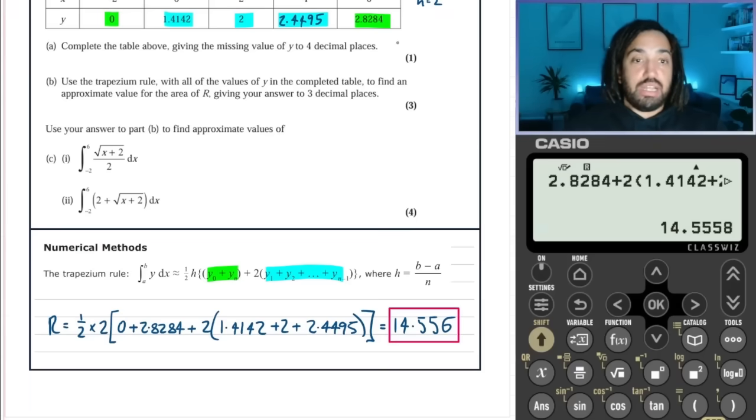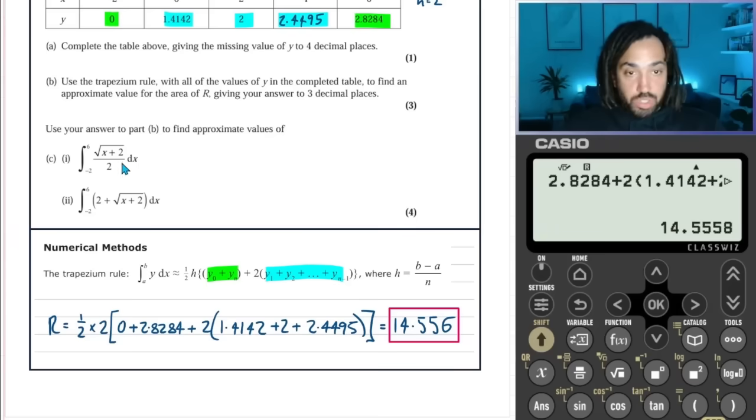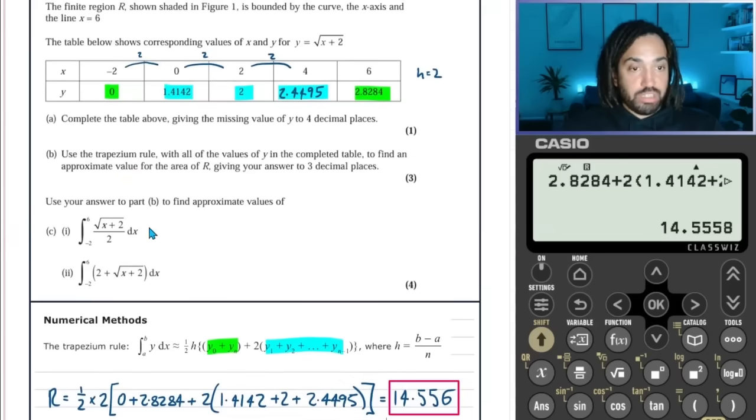Okay, now it says that we want to use the information that we've just done, the approximate value, to find an integral for this. So the first thing to do is look at the limits. So this one is between 6 and -2, so is the other one, and we have just integrated between 6 and -2. So the limits haven't changed. Perfect. So the thing that we integrated was root x plus 2, and this is half of that.